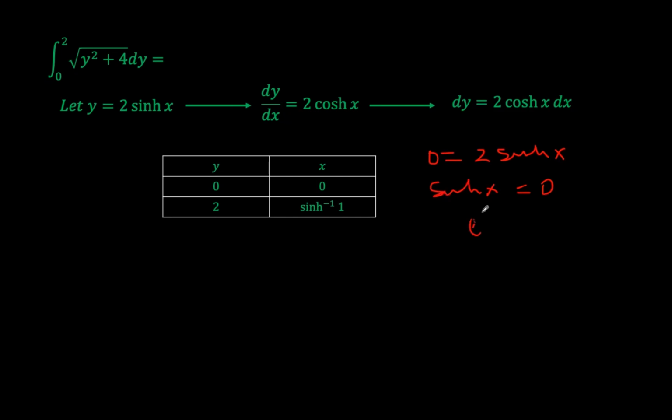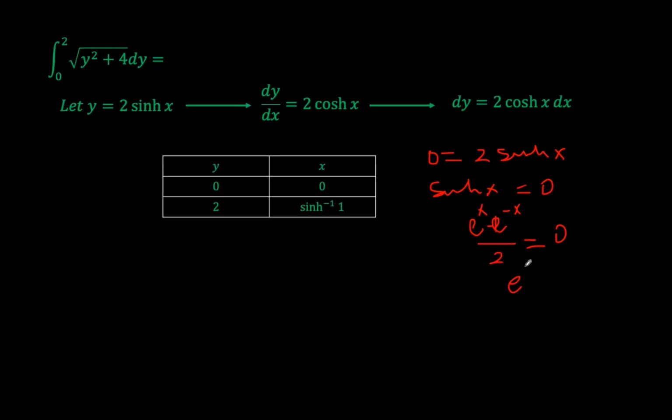That means e to the power x minus e to the power negative x over 2 equals 0.